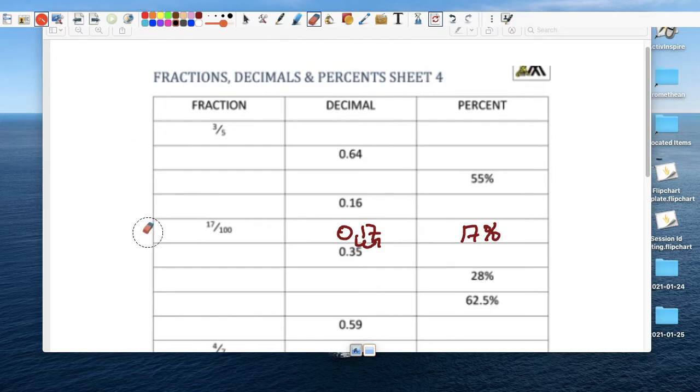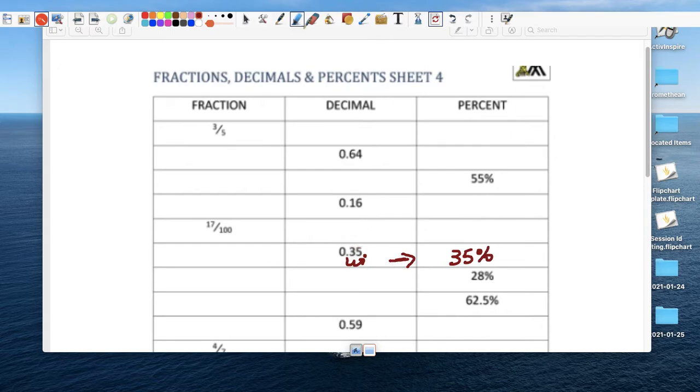Okay. Next, 0.35. Vamos a la derecha primero. Vamos here to change it to percent. That's 1, 2. Put the dot over here, right? Y el cero se desaparece. Limpiamos. We clean it up and it becomes 35%.